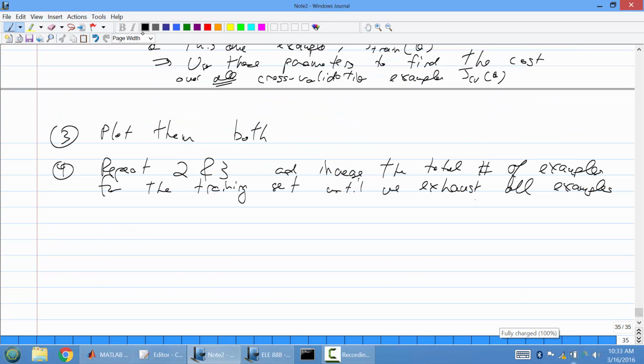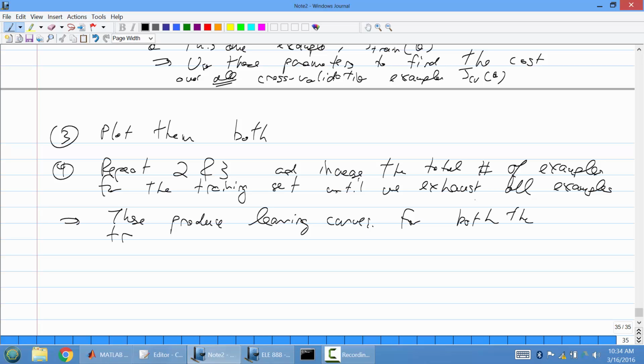Okay, so these produce learning curves for both the training and cross-validation sets.